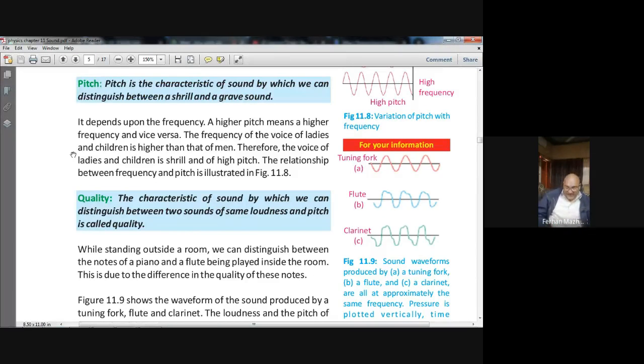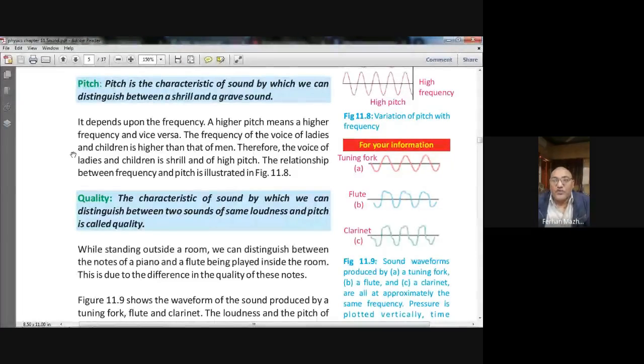Men, on the other hand, normally have a low pitch, low frequency, so their sound is grave. Okay? So pitch is the characteristic of sound by which we can distinguish between a shrill and a grave sound. It depends upon the frequency. A higher pitch means a higher frequency, and vice versa.